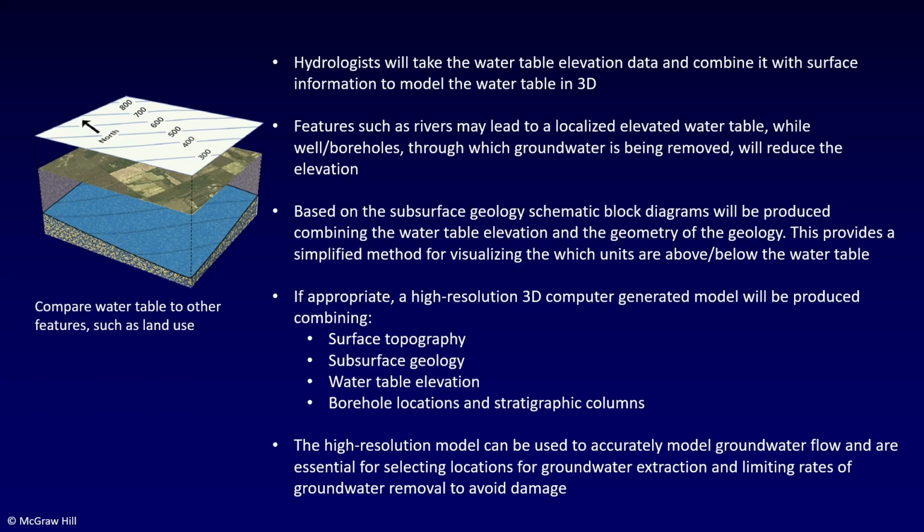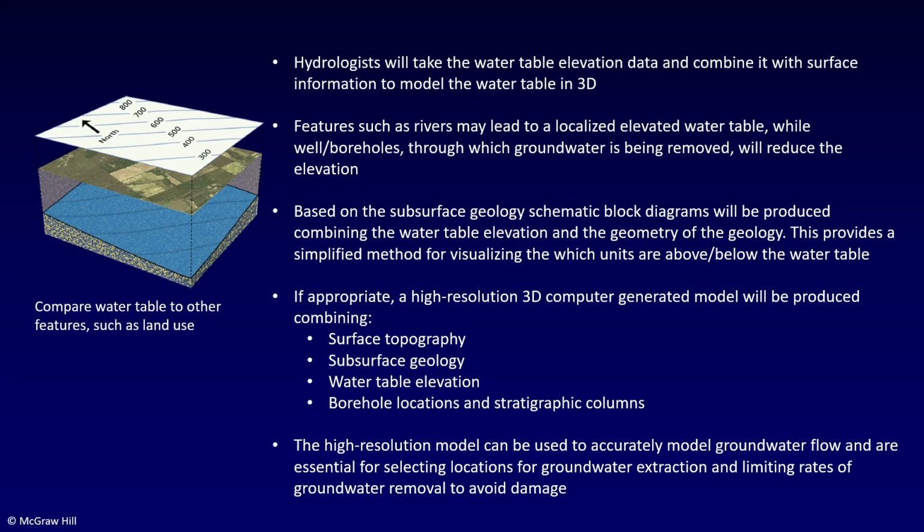Finally, if you are going for a really detailed analysis, you will produce what's called a high-resolution three-dimensional computer-generated model. And this is going to combine a lot of information. So it's going to include things like the surface topography, the subsurface geology, the water table elevation data, borehole locations, stratigraphic columns from those boreholes.